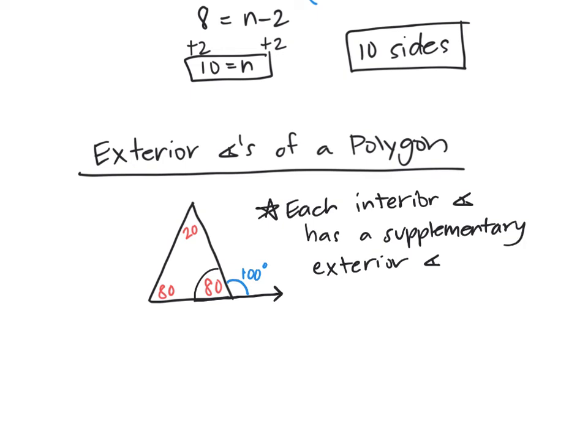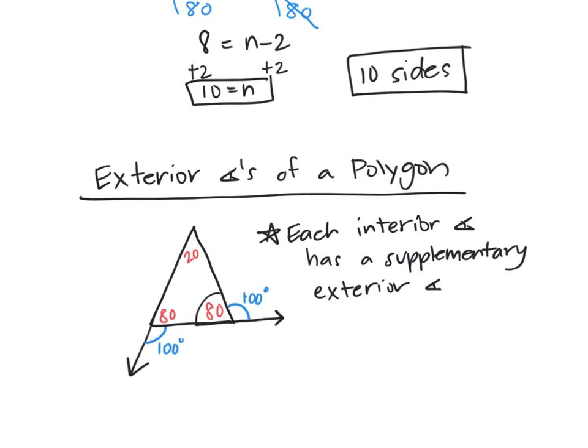All right, so let's pick another one. Let's pick 80 over here, and I can extend this way to create my exterior angle right here. Or you can extend this way, it doesn't matter. Either way, you'll notice that my exterior angle is supplementary with 80, it's 100 degrees. So there I have two.